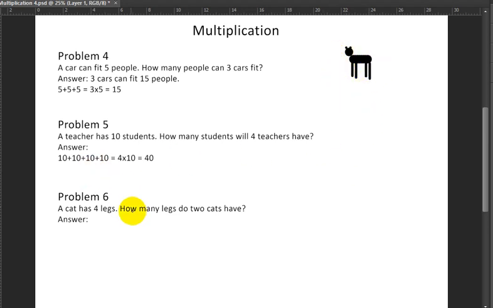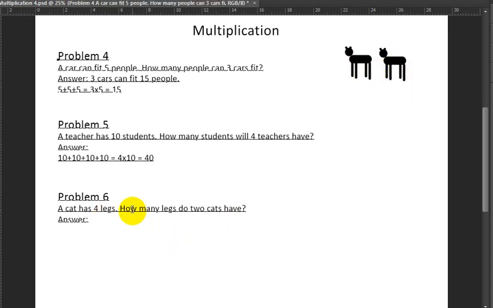That looks more like a horse, but imagine that it's a cat. Well, 2 cats will have 4 and 4 legs. 4 and 4, which makes 2 times 4 as a multiplication.